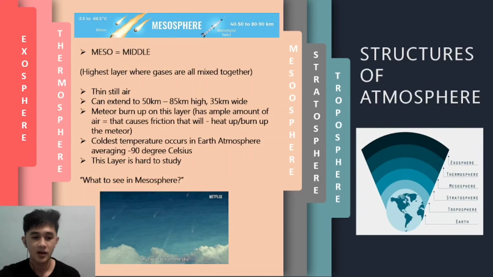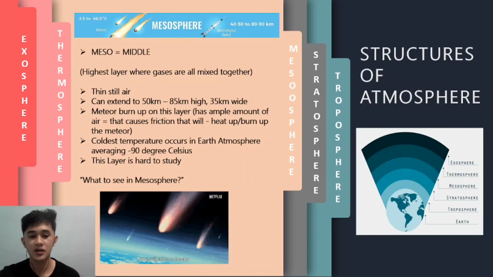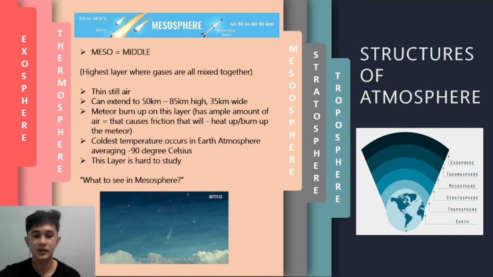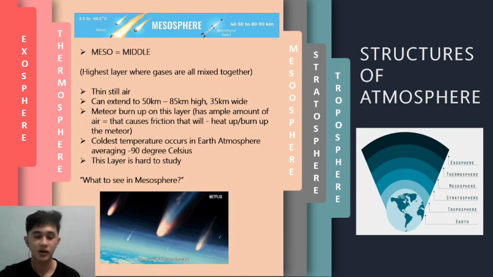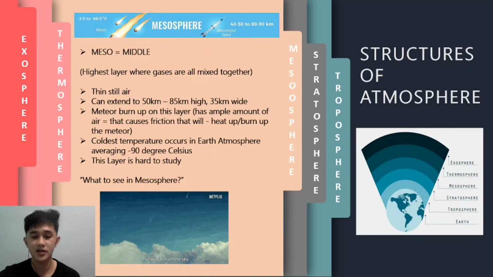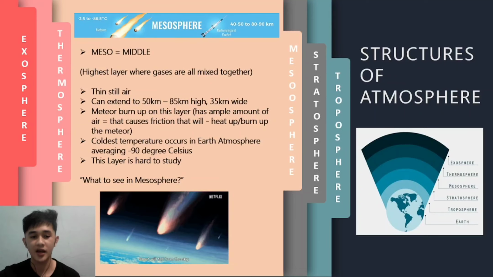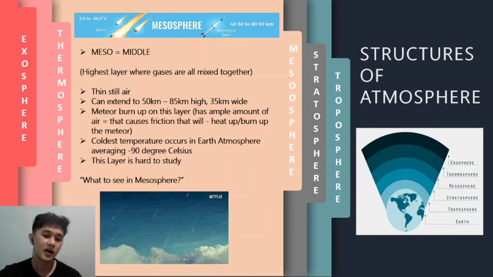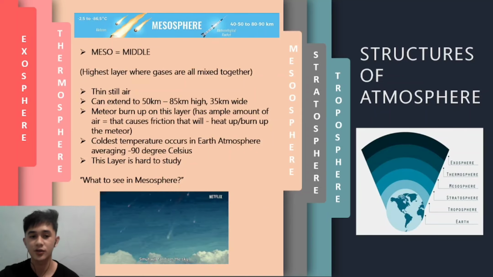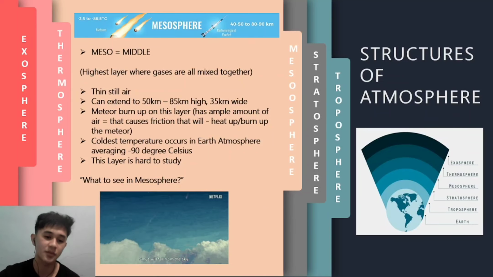This is also where the coldest temperature occurs in the Earth's atmosphere, averaging negative 90 degrees Celsius, and dito rin natin makikita yung mga meteors, na nagbe-burn dito dahil merong konting air na nagko-cause ng friction, na nagpapainit sa meteor, resulting in it being burned. Based sa mga scientists, ang layer din ito ay isa sa pinakamahirap na aralin.